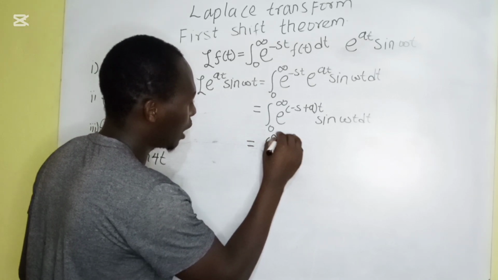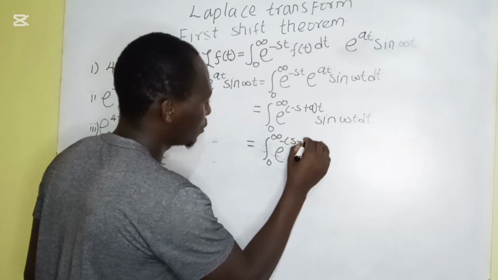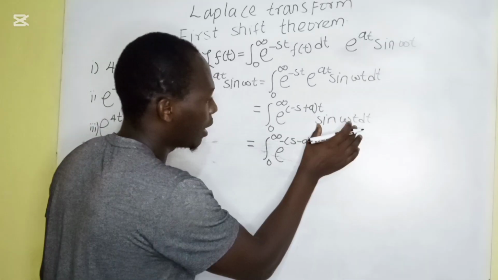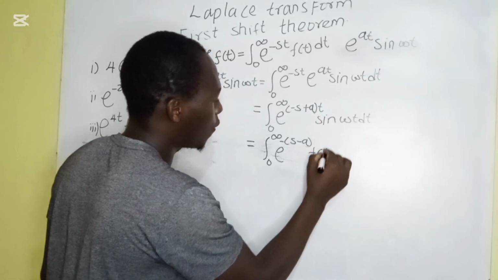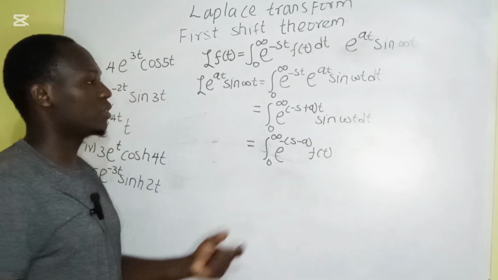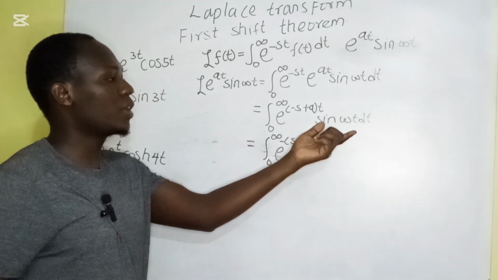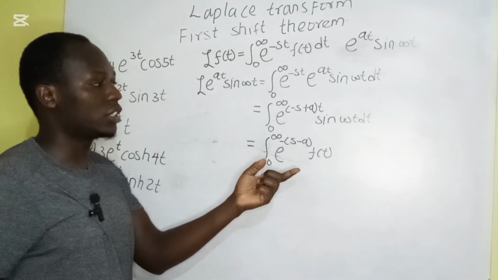Whereby now we are going to have the integration, with respect to our limits, of exponential negative s minus a, and then the Laplace transform of this one directly, which is equal to our function f of t, because at some points we are going to have t, sine hyperbolic of t, sine or cos t.